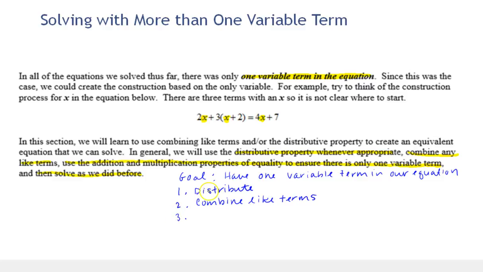Then we're going to use the addition and multiplication properties of equality to ensure there is only one variable term, to create one variable term.